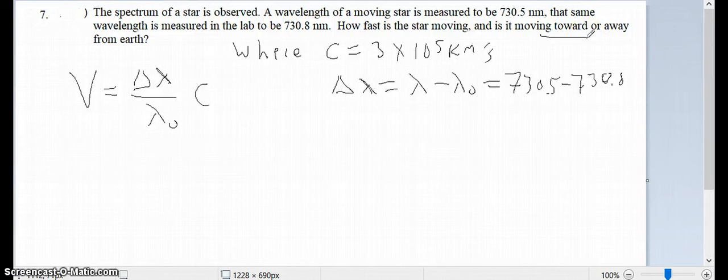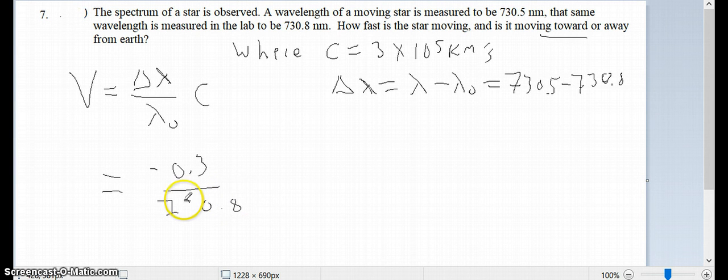All right, the amount, when you do that, turns out to be negative 0.3. So the velocity is negative 0.3 divided by the rest wavelength, which was 730.8.